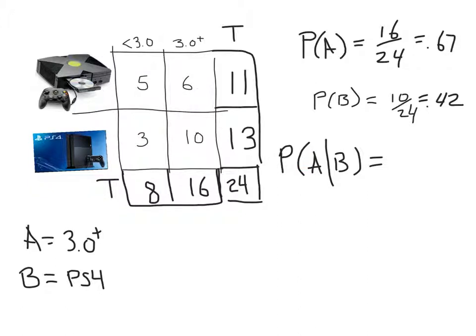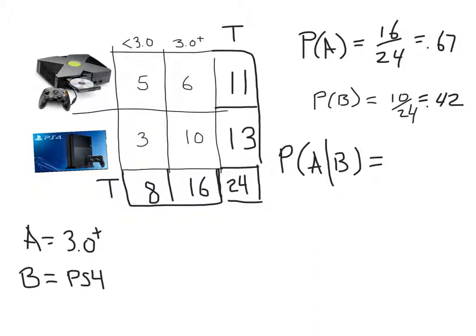So we say, okay, just the people that own a PS4, that's the condition. That's what we call this conditional probability. That's the condition. We start with that. Okay, they own a PS4. How many of them have a 3.0 or higher? Right there. Okay, so that's what we put down.